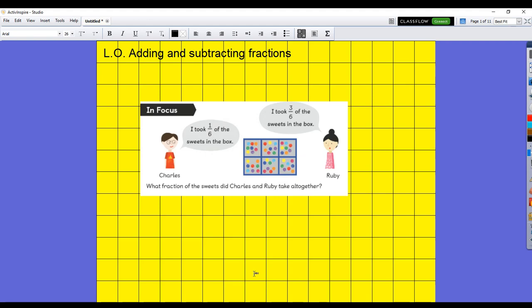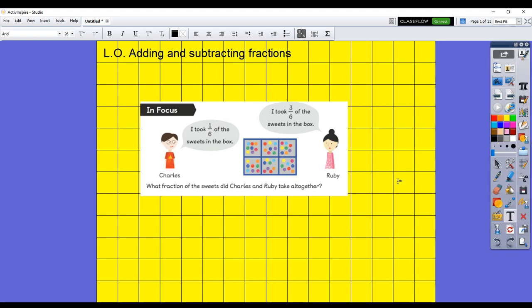So our focus question is, what fraction of the sweets did Charles and Ruby take all together? Charles said that he took 1/6 of the sweets in the box, and Ruby said that she took 3/6 of the sweets in the box. Okay, and we know that we've got 6 parts here because this is the box, and it's been split into 6 parts.